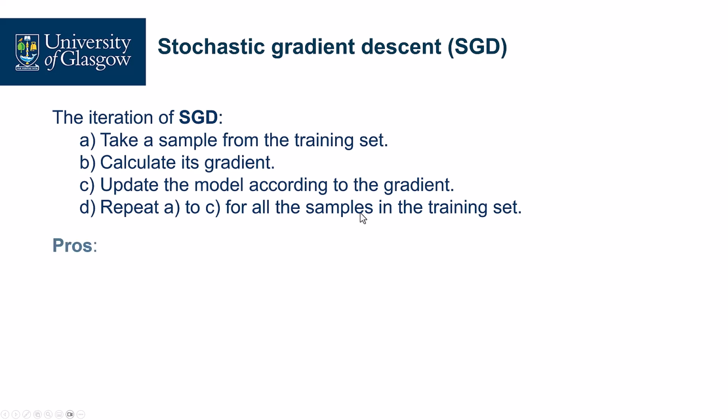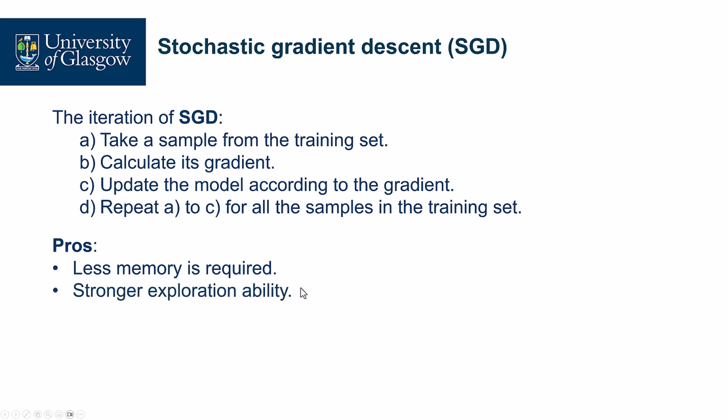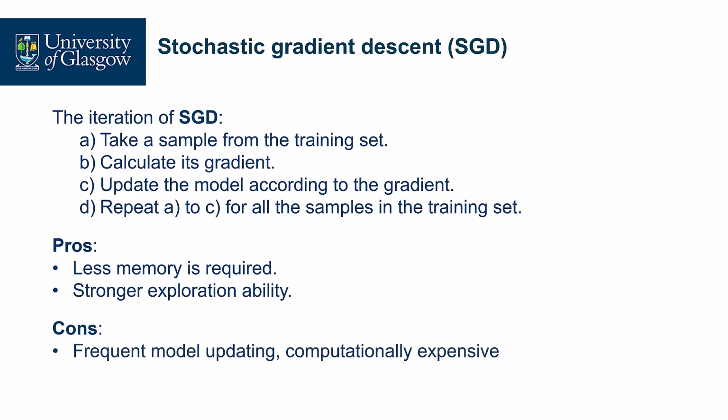The pros and cons. The advantage is what? Because each time I only calculate one gradient, less memory is required. And this one also has stronger exploration ability to avoid local optima to some extent. But the drawbacks are, first, because the model is frequently updated, it's expensive.